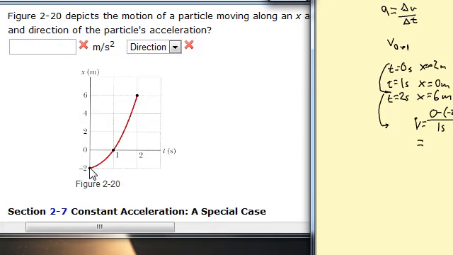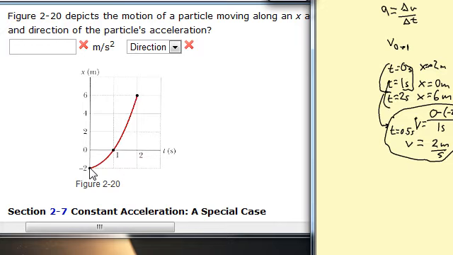So its velocity is 2 meters per second, and for the time, we're going to take the average time between these two, which equals 0.5 seconds. So at 0.5 seconds, our velocity is 2 meters per second.